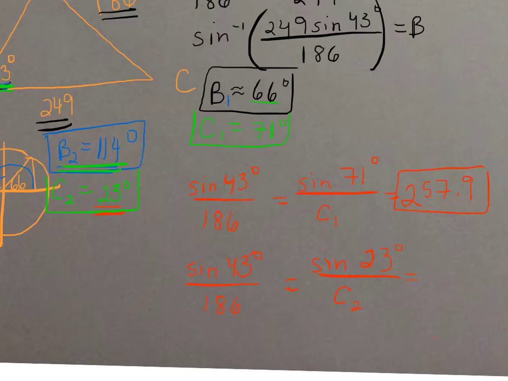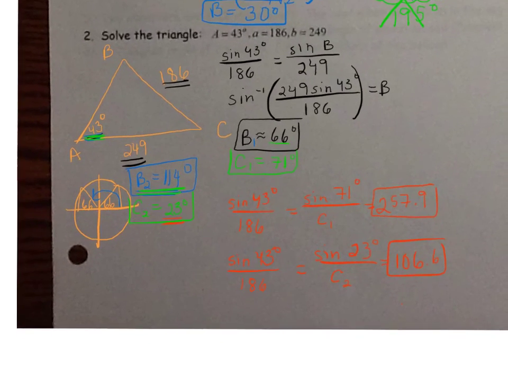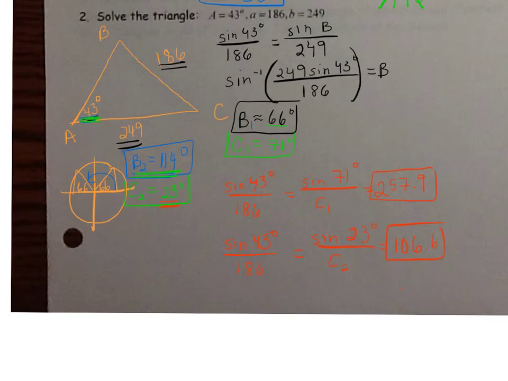If I crank all that in my calculator, we should get about 106.6. Again, side length to the nearest tenth. So take a look at that example. That's pretty involved. We had to find 2 angle B's, 2 angle C's, and 2 side C's. And it was all because we started out with this bad word, the angle side side case.